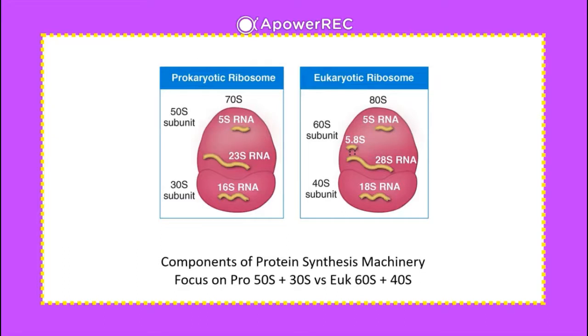The two subunits combined make a 70S total. The eukaryotic ribosome is made up of a 60S and a 40S, and its total is an 80S. These ribosomal machinery complexes are important because, depending on their structure and function, they can be inhibited by antibiotics differently.